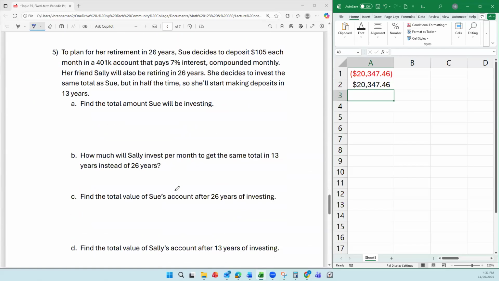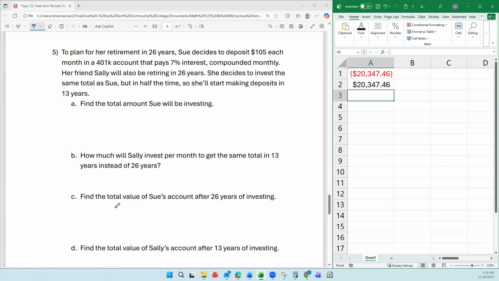All right, number 5. This is very similar to what you'll be doing in homework activity 9. So we have Sue is retiring in 26 years. She's going to deposit $105 each month in a 401k account that pays 7% interest compounded monthly.